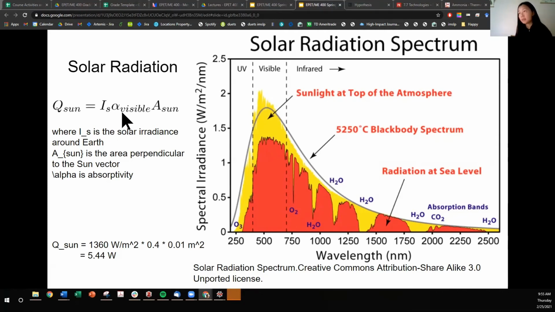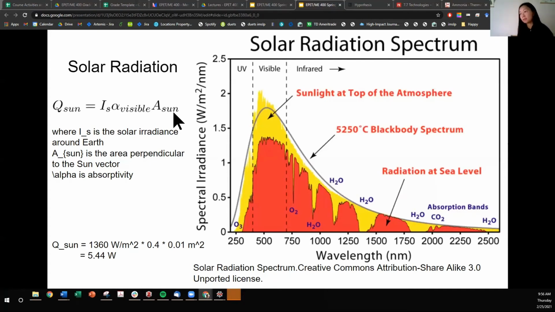Alpha is the absorptivity, and because we're looking at the visible wavelength range, we'll take alpha at the visible wavelength. And then A is the area perpendicular to the sun vector. It's the surface area of the face or faces that the spacecraft has in direct view of the sun.